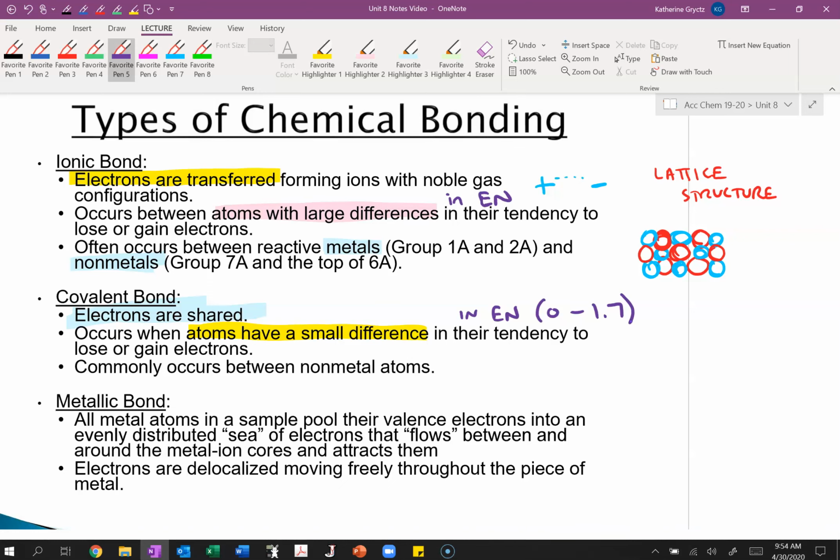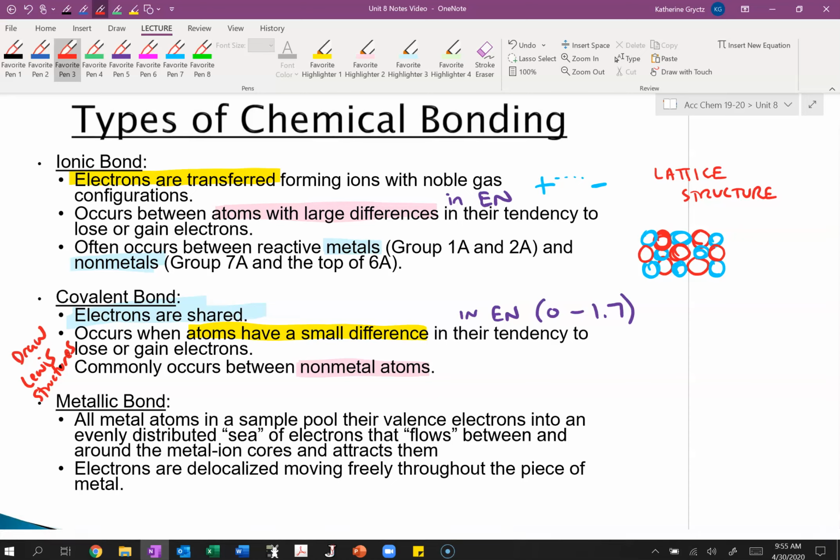And so these usually happen between nonmetal atoms. So a nonmetal and a nonmetal. These are the ones that we're going to have to draw the sharing. These are what we're going to draw Lewis structures for. So that's what we're going to learn this unit: how to draw and describe how they're sharing electrons.